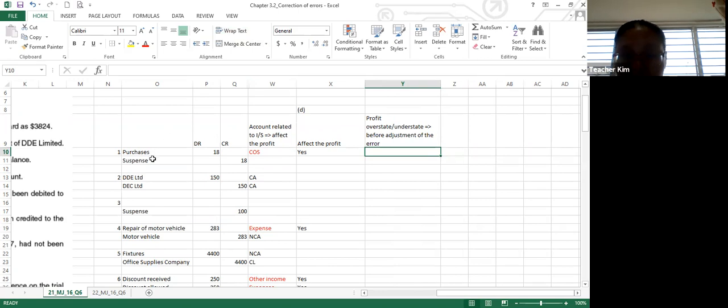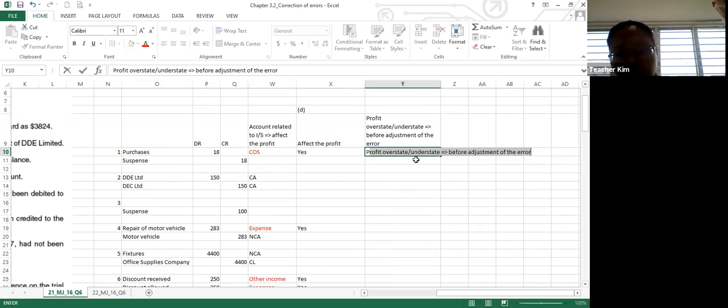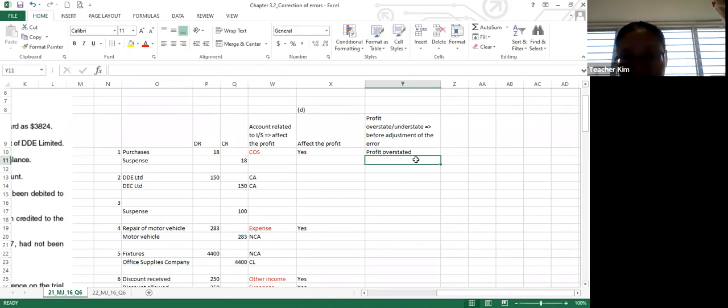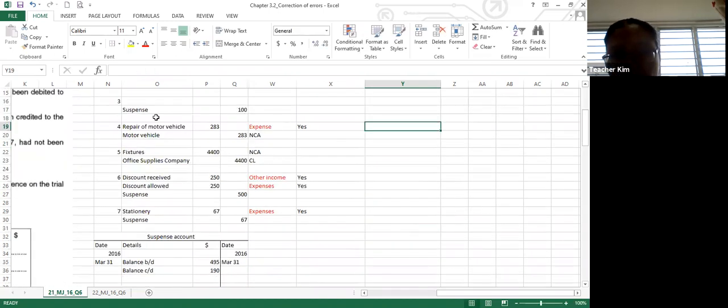This account is on the credit side. Before adjustment, purchases is understated. So if purchases is understated, then profit should be increased, so profit for this one will be overstated. Whereas for this one, before adjustment, the repair account is understated, expenses understated, so profit will be overstated.